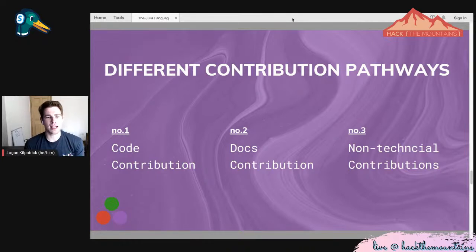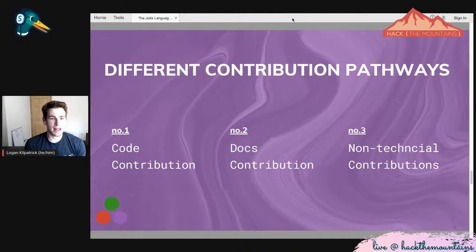I mean things like writing a blog post, speaking at an event, and sharing about Julia. I think what I'm doing right now is a quote unquote non-technical contribution to the ecosystem, just sharing what Julia is and how folks can get involved.